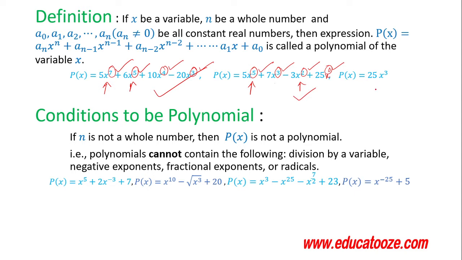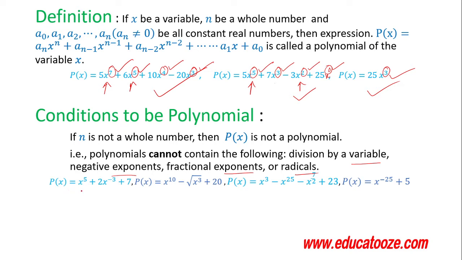Now if you look at the next example like 25x cube, the power of the variable is a whole number. So that means this is also a polynomial. Now then, what kind of algebraic expression is not a polynomial? A polynomial cannot contain the following: division by variable, negative exponents, fractional exponents, or radicals.